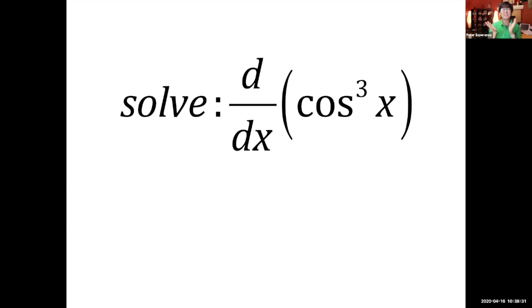If that's the case, we'll see clearly that we can use the chain rule. And the chain rule is: bring down the 3, copy the inside, raised to 2, times the derivative of the inside. And the derivative of cosine x is negative sine x? Yes. So that's why it's negative 3 cosine squared x sine x, I think.